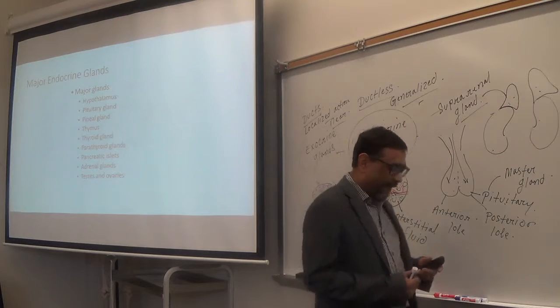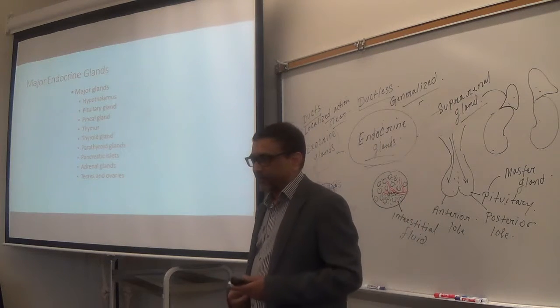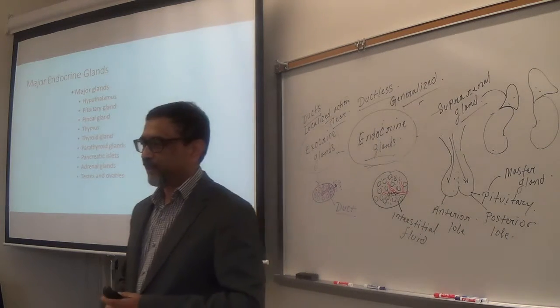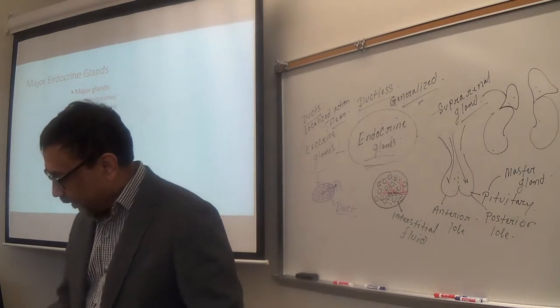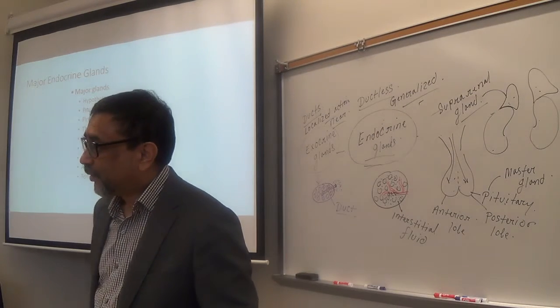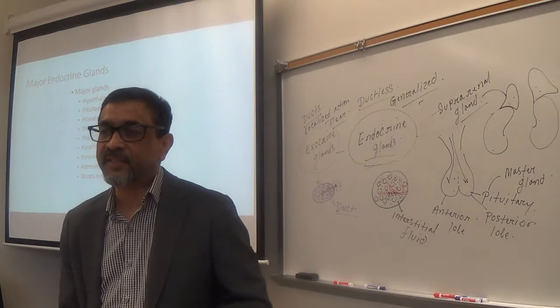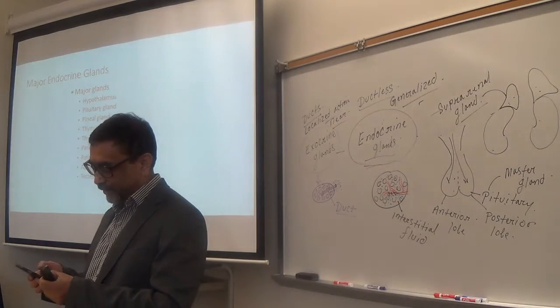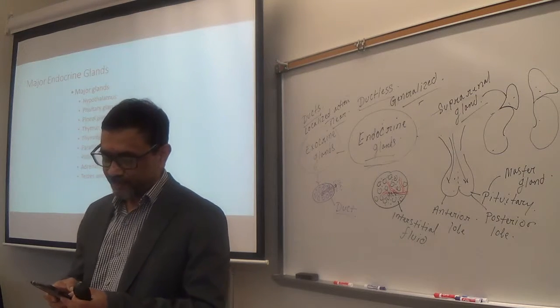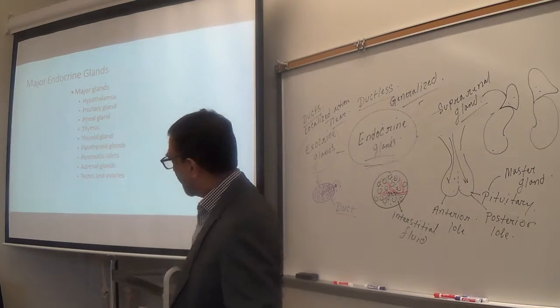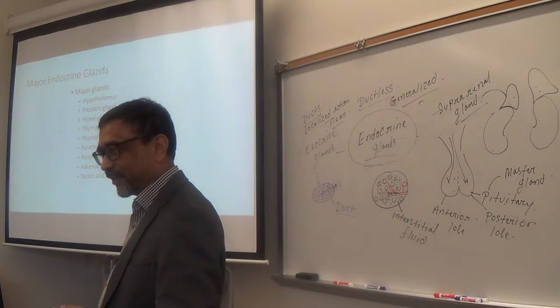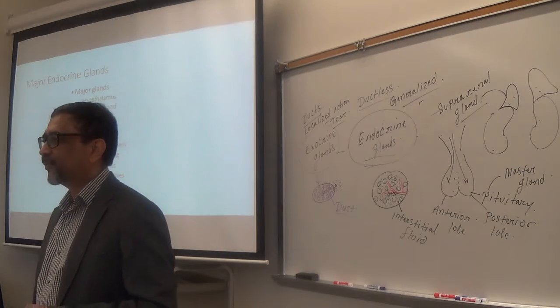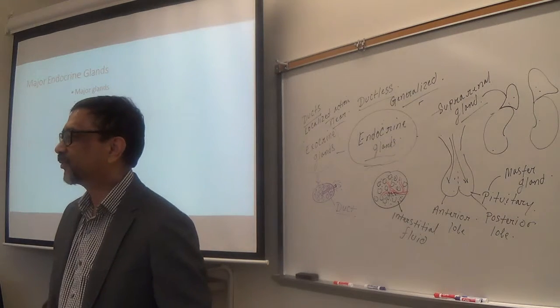So those are the main endocrine glands of your body. In males the gonads are testes. In females the gonads are what? Ovaries. So gonads are different in male and female. Correct?